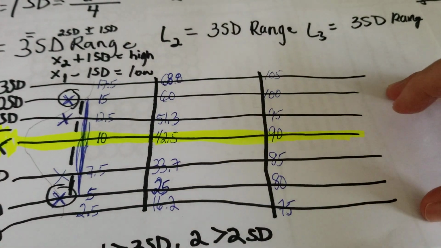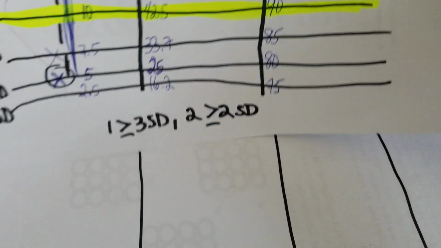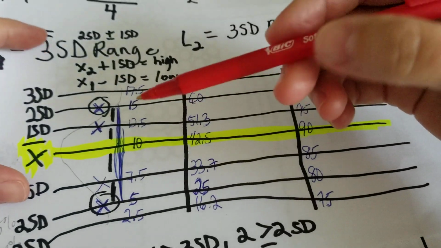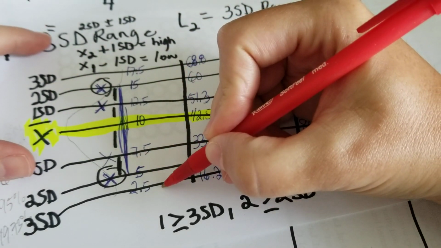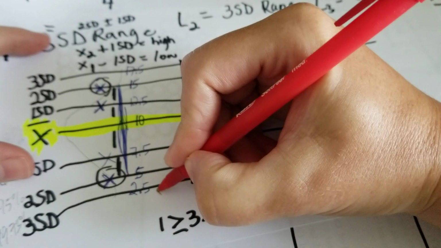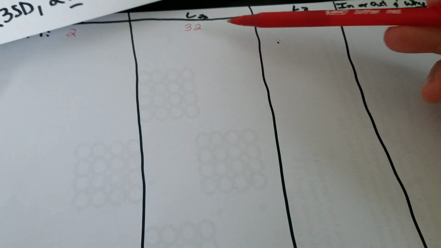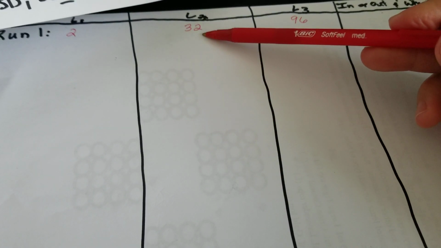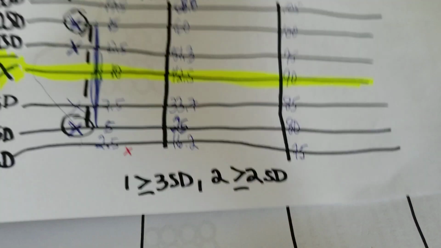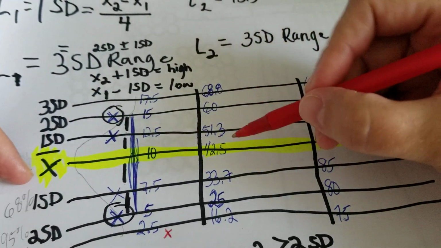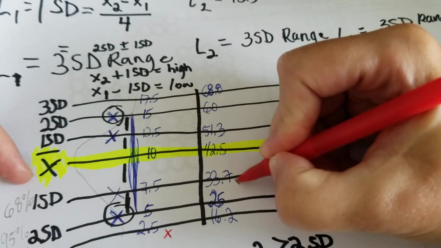Okay, so let's go ahead and plot the run on here. My first level of my run was 2. Okay, so let's plot 2. 2 is down here. All right. My second level of QC was 32 in run 1. 32 is here.